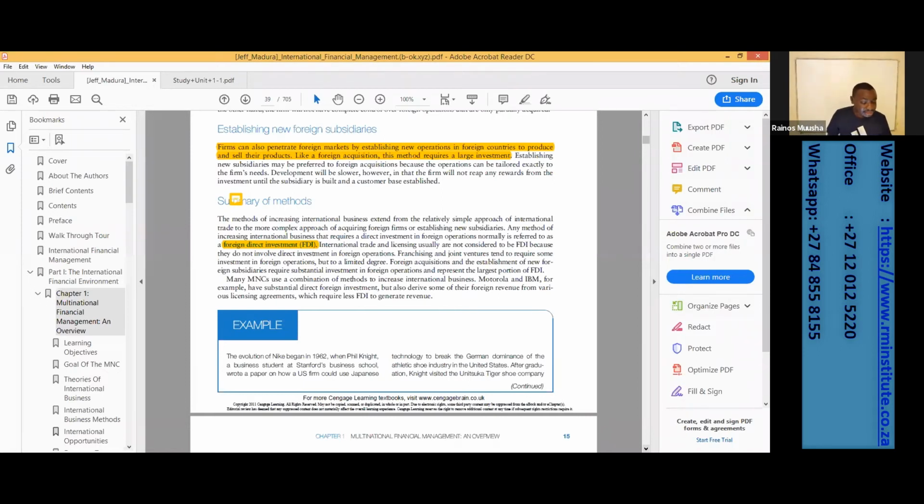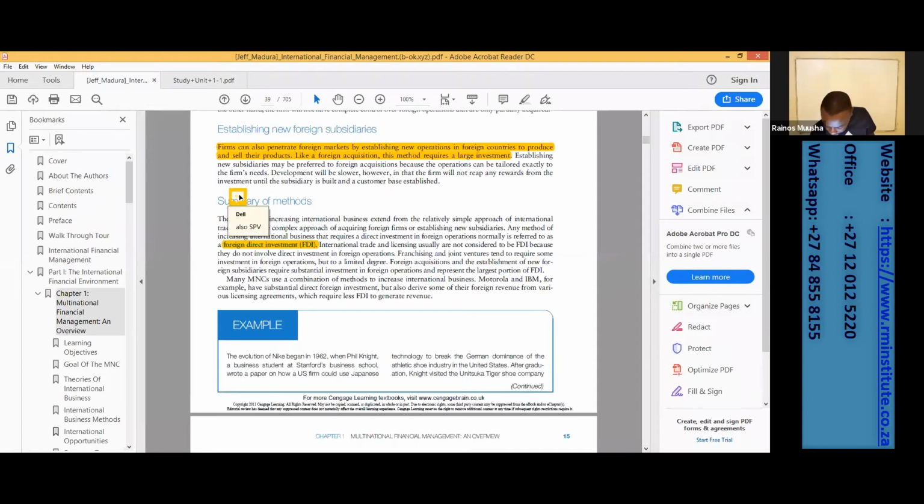But at the same time, the disadvantage here is that when they're starting operations from scratch, it basically means that they are going to be having to spend a lot more money in actually marketing and making their company known out there as well, especially if it's a company that is not known across in the economy in which they're considering operating as well. Which means that this also ends up increasing the amount of investment that they have to make when it comes to establishing a new foreign subsidiary as well.